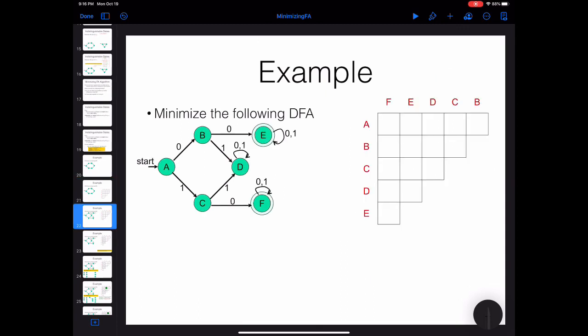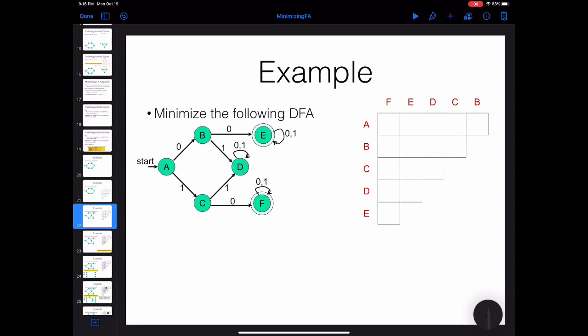Okay, let me show it to you over another example. Again, how many states do I have here? I have 6 states. I will draw the table, one row for each state and corresponding columns for the corresponding cells.